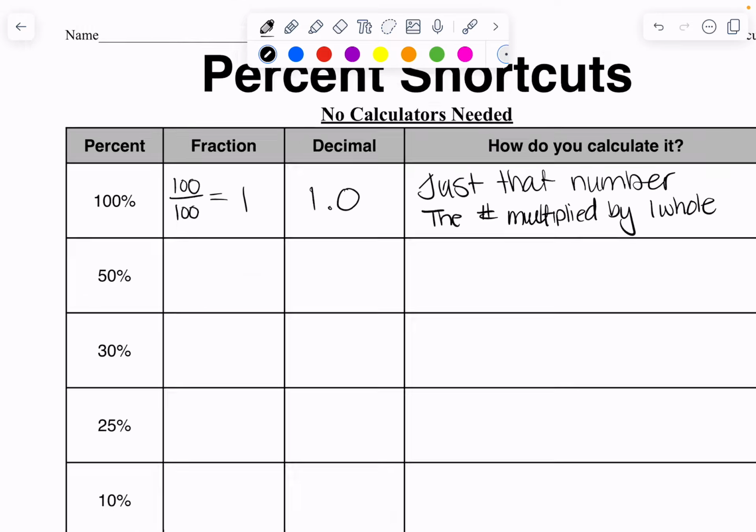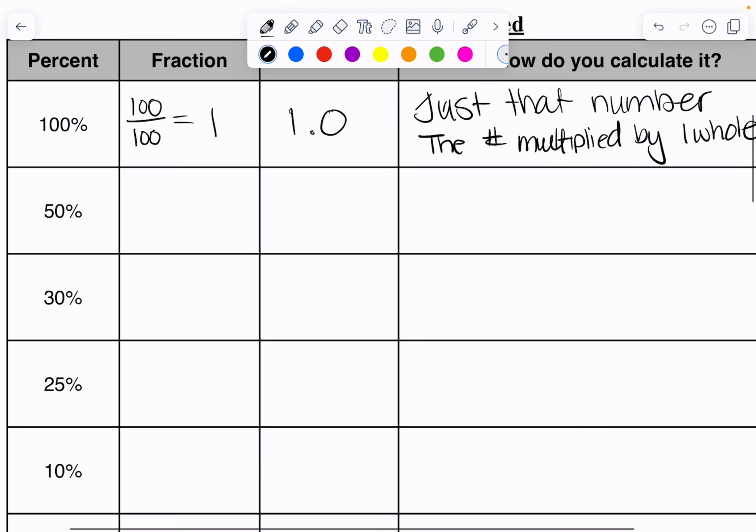All right, so when we talk about 50%, 50% as a fraction would start as 50 over 100, which ends up simplifying to 1/2. And then as a decimal, it's 0.5. So when I ask you what 50% of a number is, like 50% of 8, 50% of 20, you're just taking half.